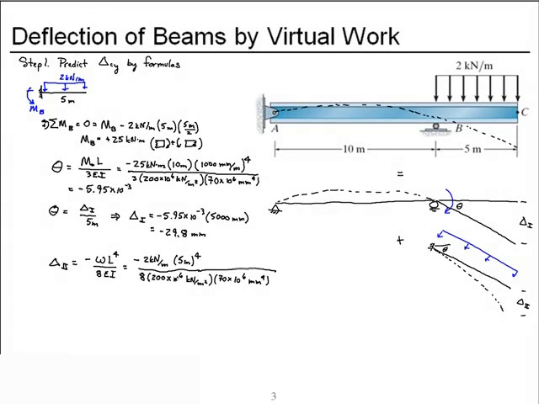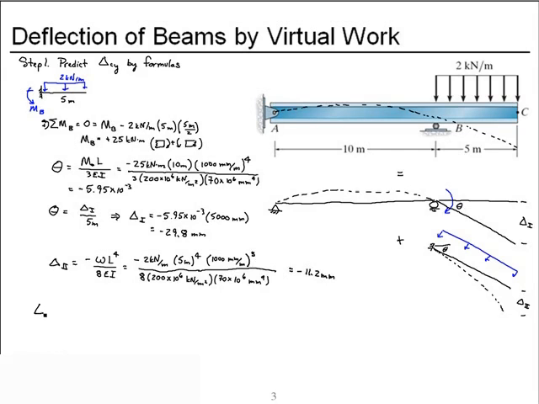And so now I have meters to the fifth over millimeters to the fourth. Let's convert all to millimeters. So I have 1,000 millimeters per meter raised to the fifth. Put all of that together and I get a negative 11.2 millimeters for this component.